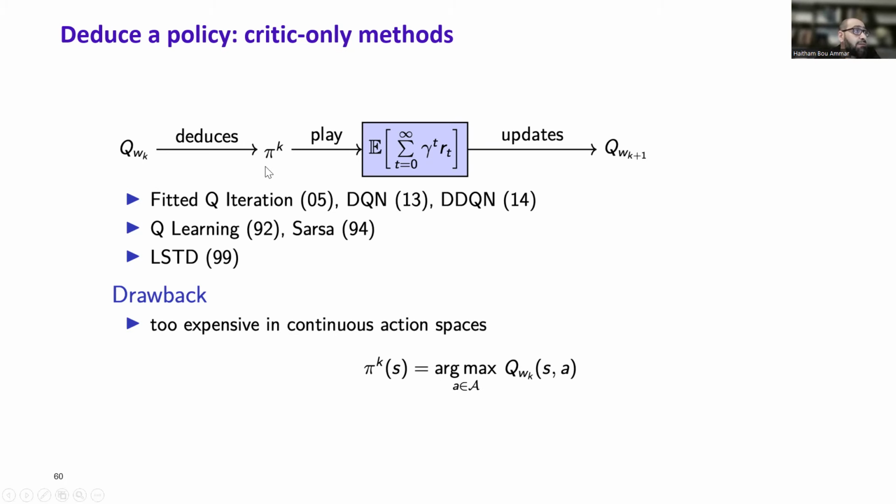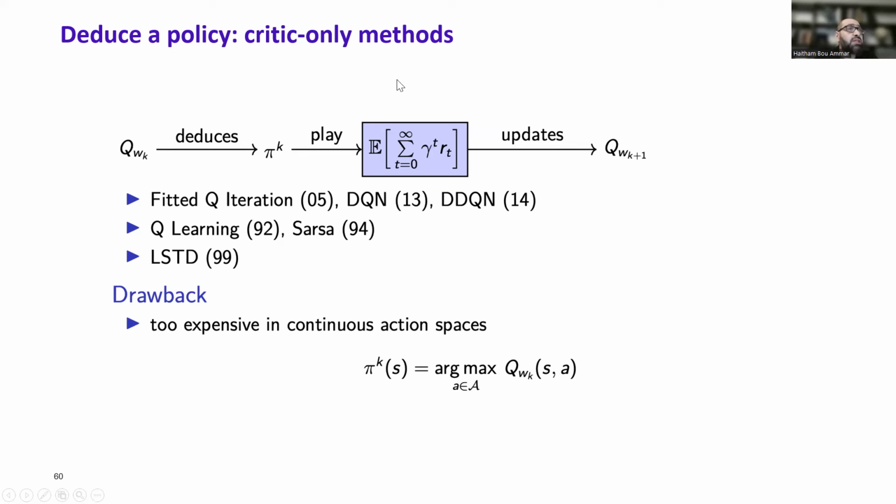And then once I have this policy, I will play it in the environment. So I will play this policy, which I indirectly deduced from the Q. And then when I play that in the environment, I will get a performance measure of how good the policy is. Then I will use this performance measure in order to update my estimate of the Q values.